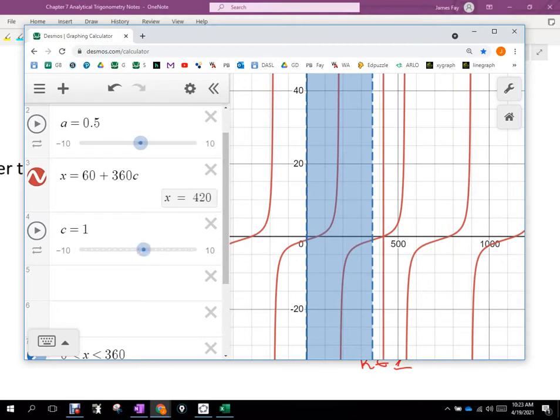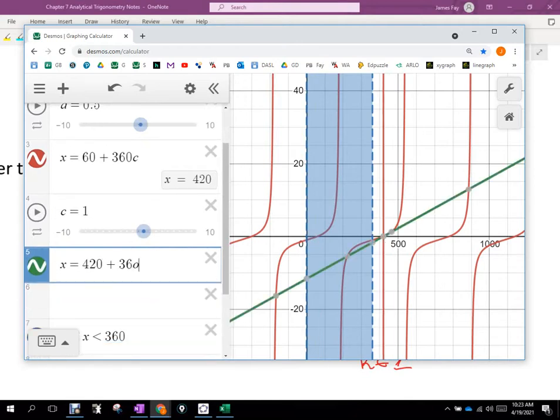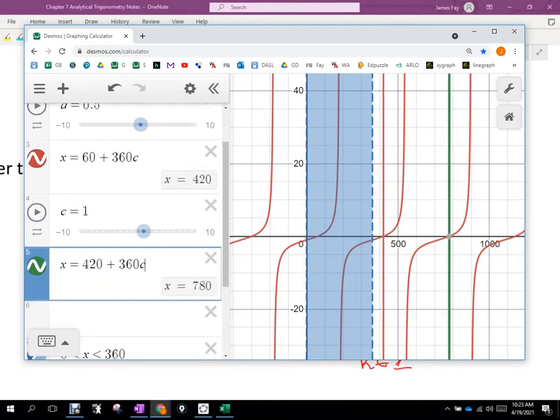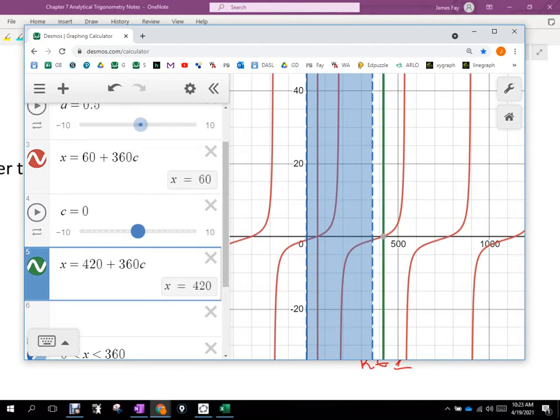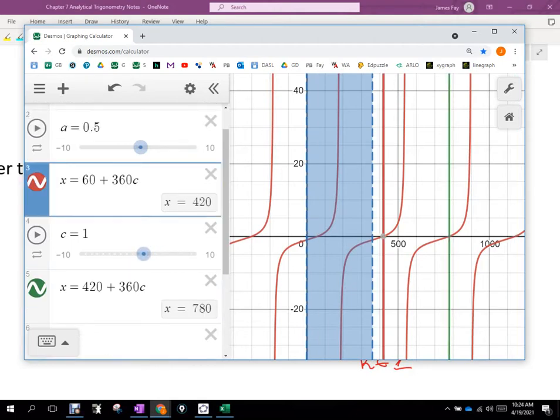Now, if you were to write x equals 420 plus 360 times my constant again, and I move them, let's actually change that color.